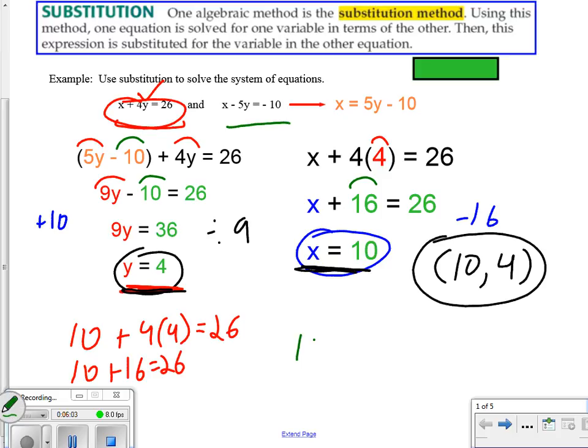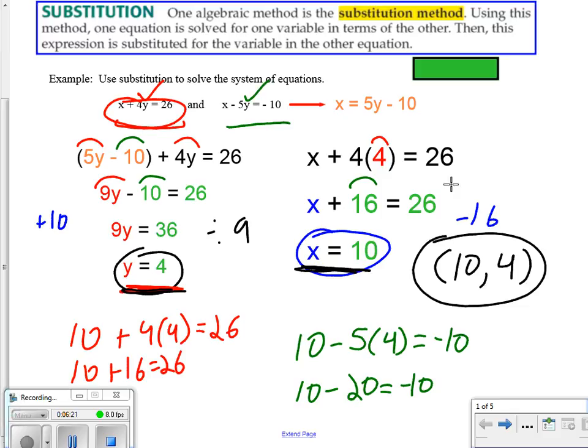X is 10, we said, minus 5 times 4, y was 4, equals negative 10. Let's make sure that's true. 10 minus, well, 5 times 4 is 20. 10 minus 20 is indeed negative 10. So that one checks out as well. Perfect. So that was our first example. We're solving with substitution.